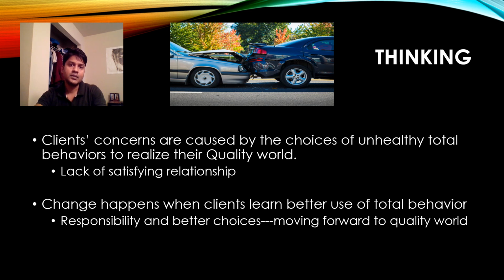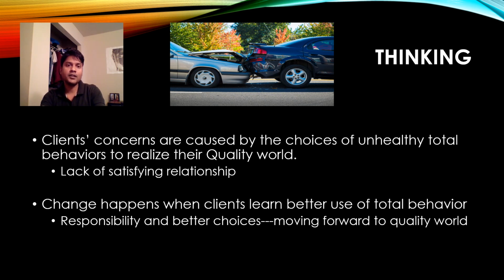Another way to think about this is by using a car metaphor that Glasser used to explain his theory. He said that the four wheels of the car are the total behavior. The front wheels that make the car move are the acting and thinking components of the total behavior, and the back wheels follow where the front wheels go.